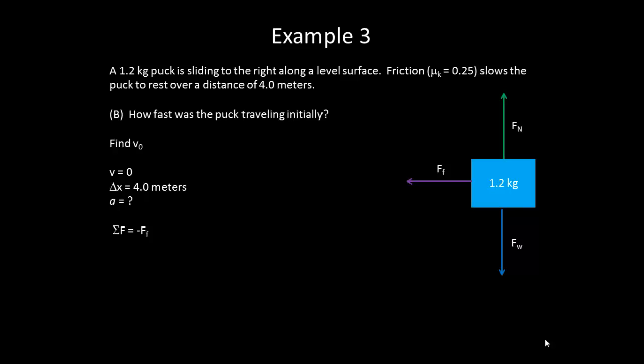The sum of the forces is the negative of the force of friction, so if we plug our numbers in, we can solve and find that the acceleration would be -2.5 meters per second squared. Using our fourth kinematic equation, v squared equals v naught squared plus 2a delta x, we can solve for the initial velocity, initial speed, and we get 4.5 meters per second.